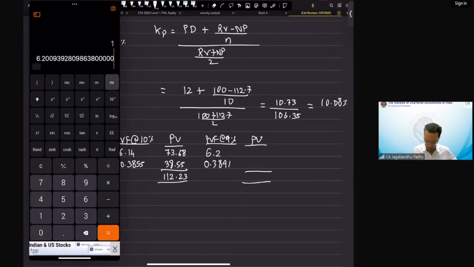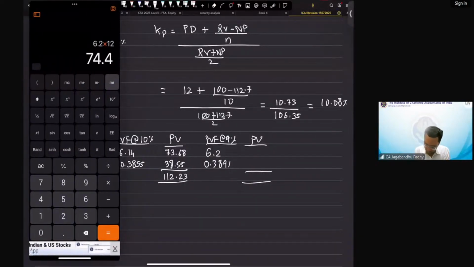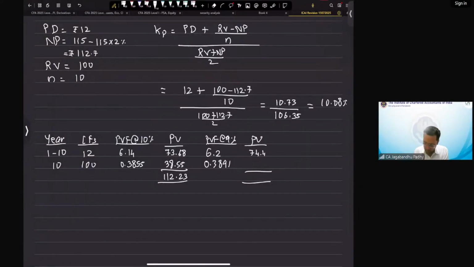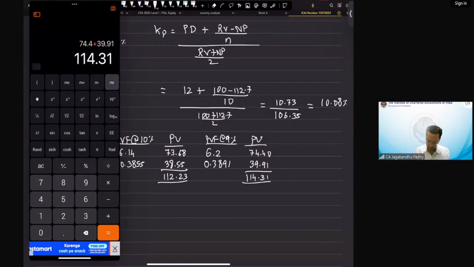The annuity factor is 6.2. Then we take the present value, which is 6.2 into 12, which is 74.4, and 100 into 0.3891, which is 38.91. So 74.4 plus 38.91 is 113.31.